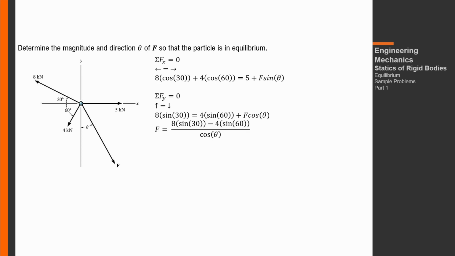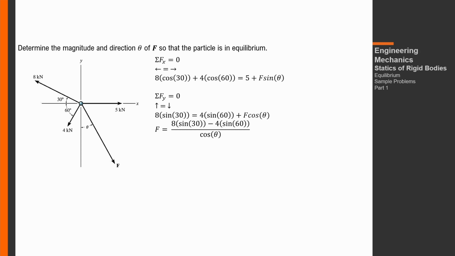So, yung relationship based dun sa summation ng forces along the y-axis, so F is equal to 8 sine 30 minus 4 sine 60 over cosine theta. Substitute natin dun sa first equation. So, ginawa ko to para yung magiging unknown na lang is yung theta dun sa first equation.